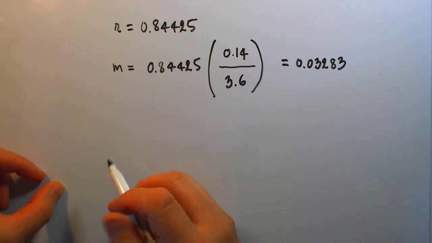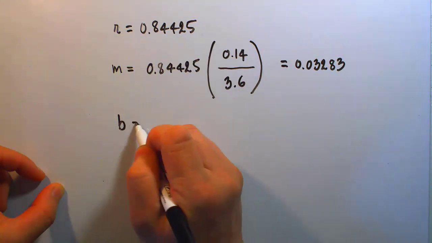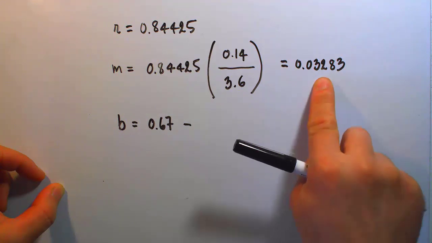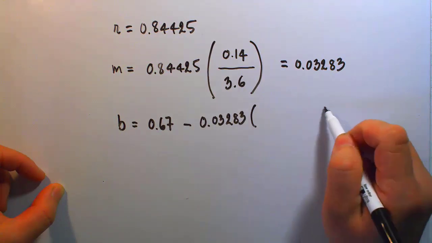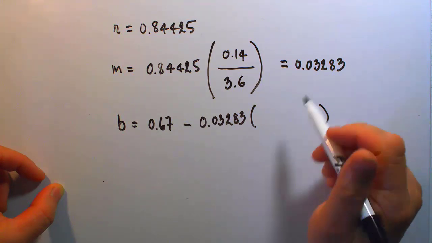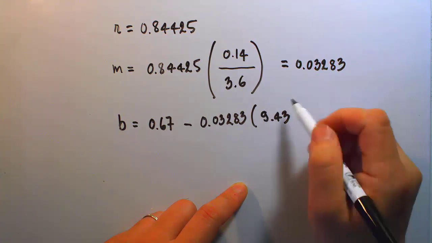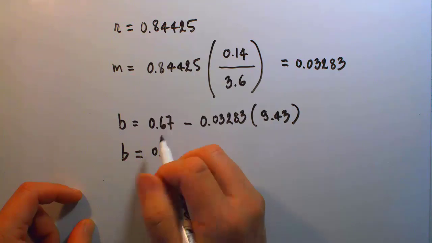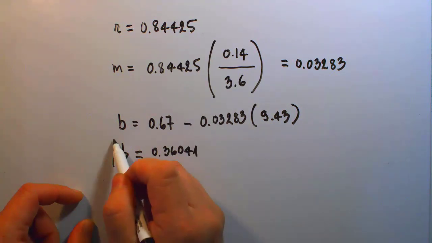Bringing that into our data, our best fit line has y-intercept b equals y bar, which was 0.67, minus our slope 0.03283 multiplied by x bar, which in the data list was 9.43. The final calculation for the y-intercept of the regression line turns out to be 0.36041.